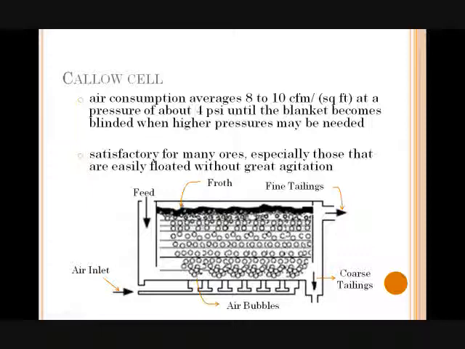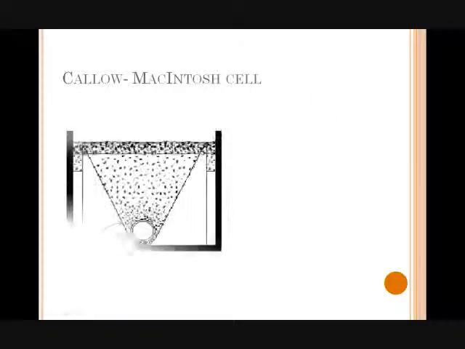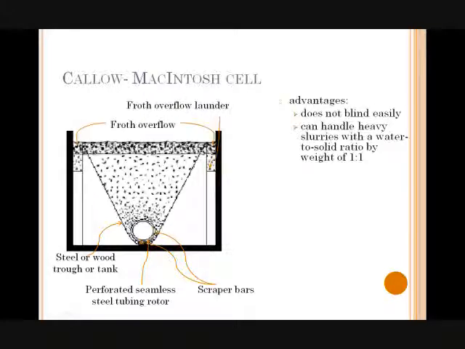So the next example of pneumatic cells is the Callow-McIntosh cell. The Callow-McIntosh cell carries a hollow revolving rotor made from a steel tube about 9 inches in diameter and perforated with 3/4 inch holes. Canvas or perforated rubber sheet is fastened to the surface by means of steel bands. Two scraper bars made of 2-inch angle iron are bolted the full length of the rotor.